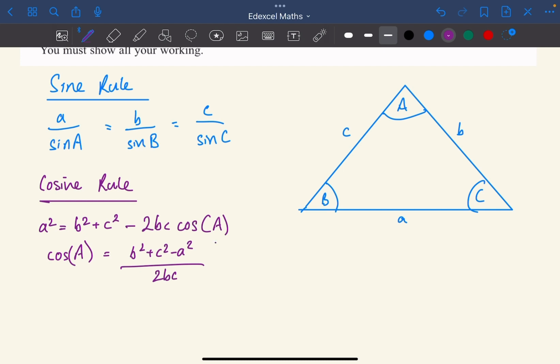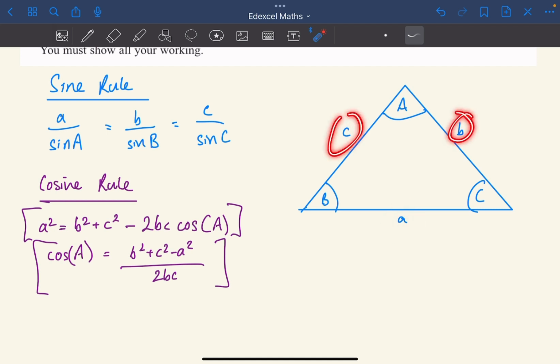You'll use this one when you want to find the angle, and the first one when you want to find the side. So again, a squared equals b squared plus c squared minus 2 times b times c, that's the lengths, and then cos A.